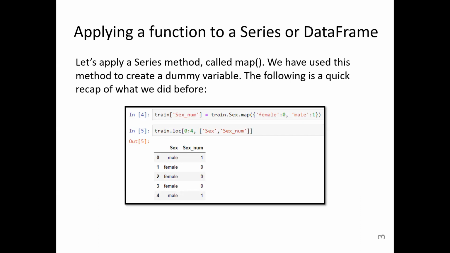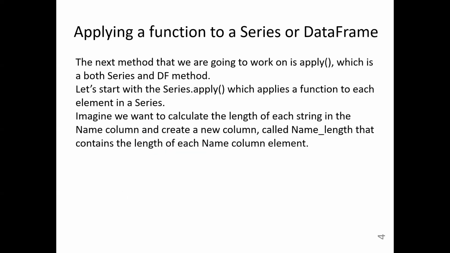Map is a series method, which means that we can only apply map to series. But the next one, apply, is both a series and a data frame method. So the next method that we're going to work on is apply.